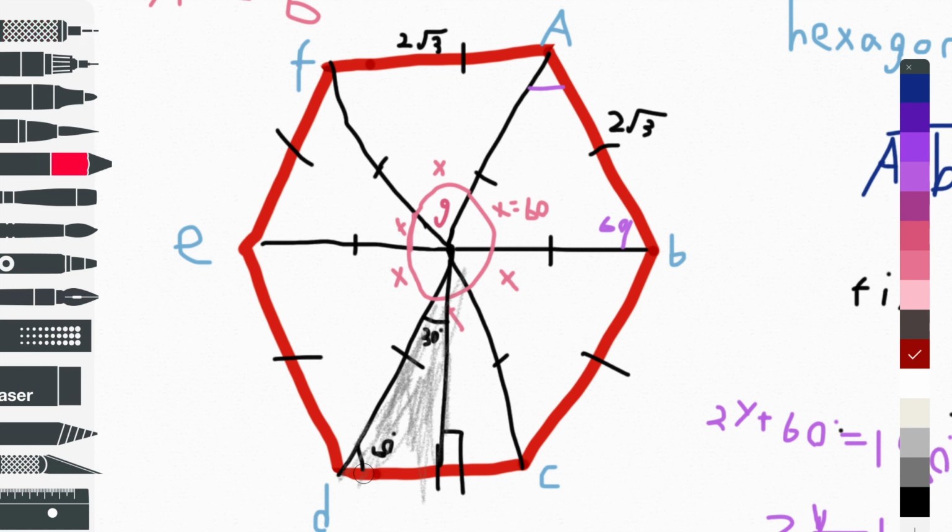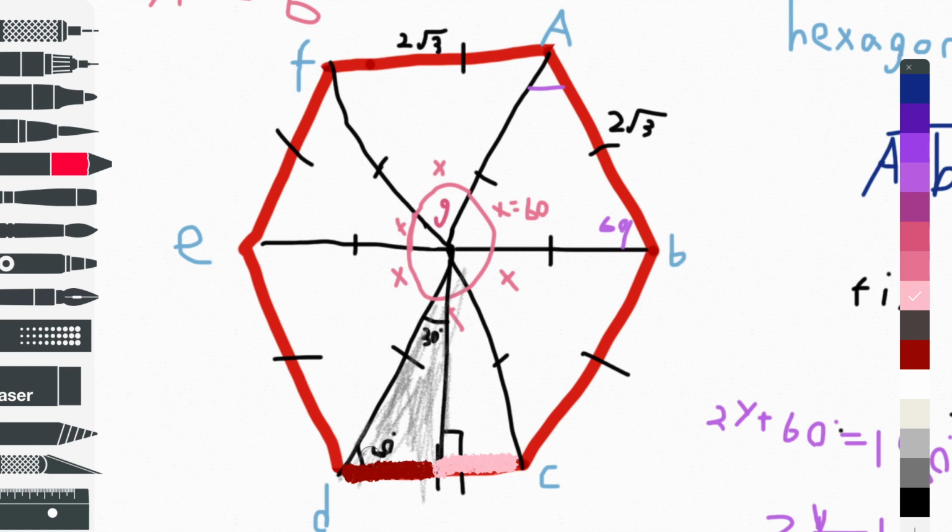Okay? Hopefully you realize by now this whole triangle that I've shaded in is a 30, 60, 90 triangle, and this side right here is 2 square roots of 3, so this side is just the square root of 3. And this side is also just the square root of 3.